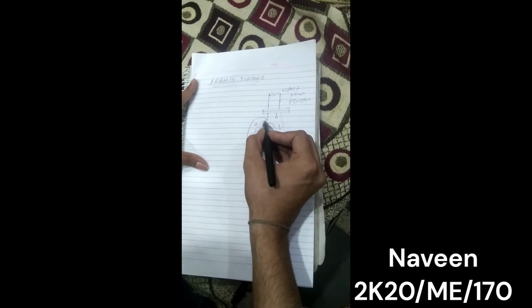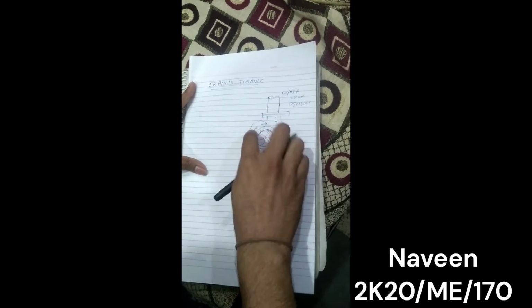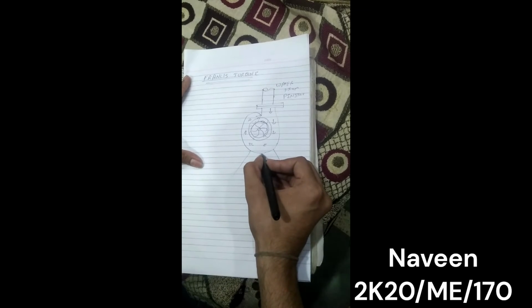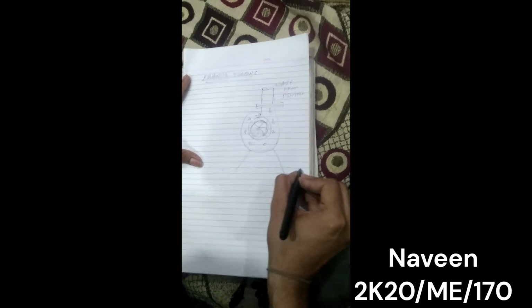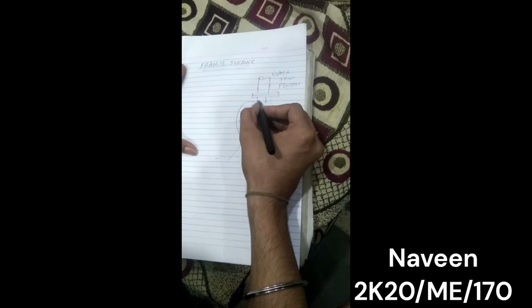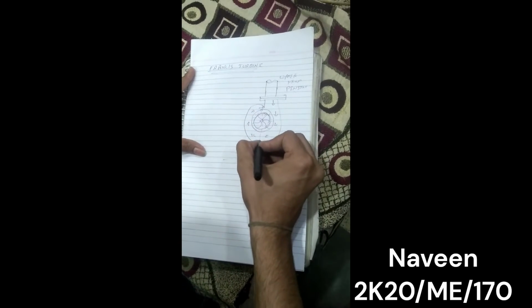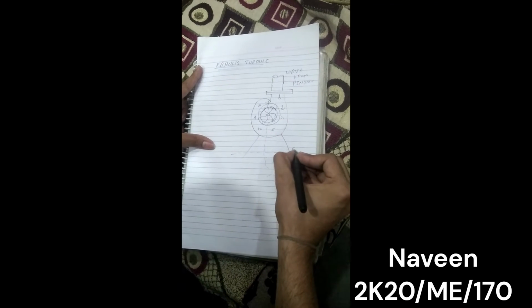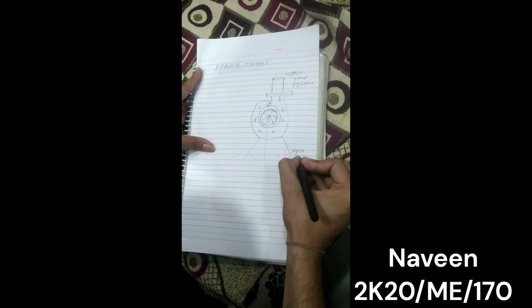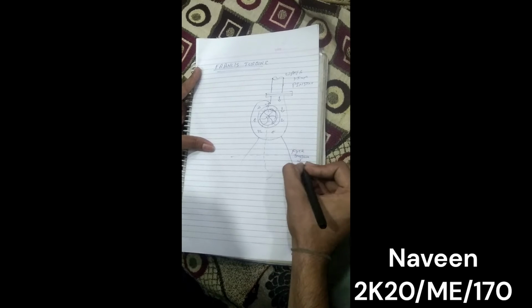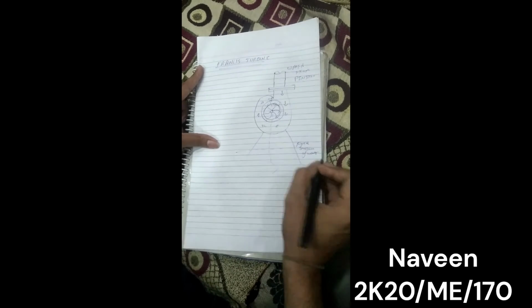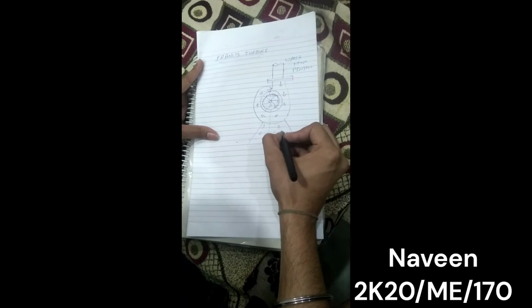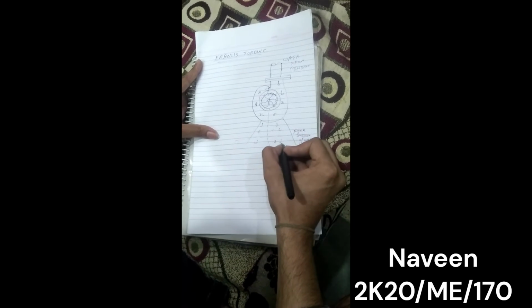You can see here, the area is lesser than this, and after that, this is the free surface of water, and the fluid goes in outward directions, you can see.